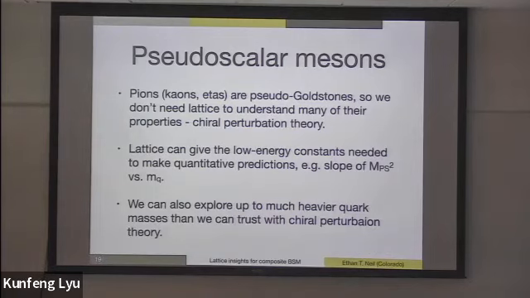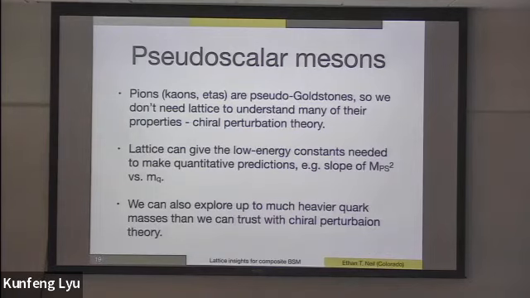The other thing that lattice can do for us is go to much heavier quark masses than you would probably trust chiral perturbation theory, and show that things are actually pretty regular at the 10% level. So here's a couple of dimensionless ratios. The horizontal axis is m pi squared over m rho squared, basically.